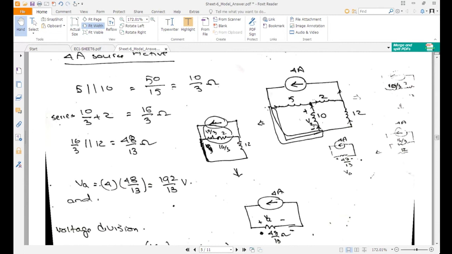These two are parallel: 5 into 10 by 5 plus 10 gives 10 by 3. Plus 2 plus 2 becomes 16 by 3.